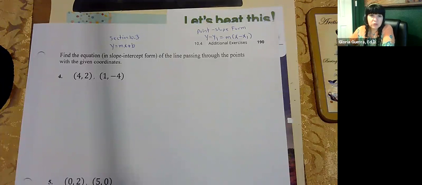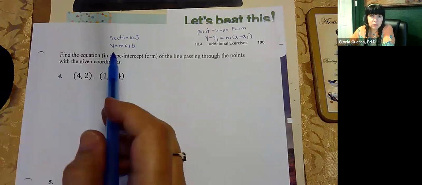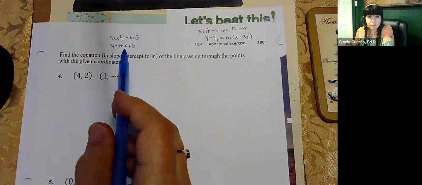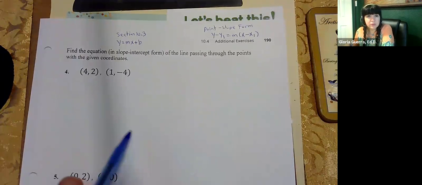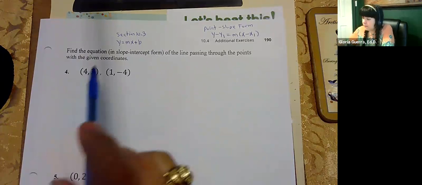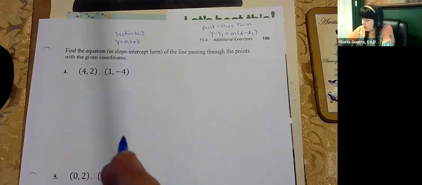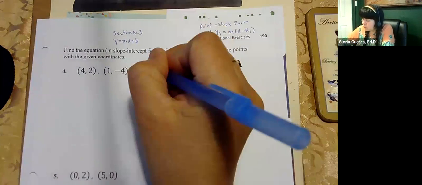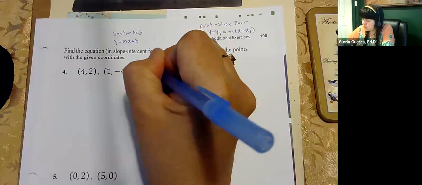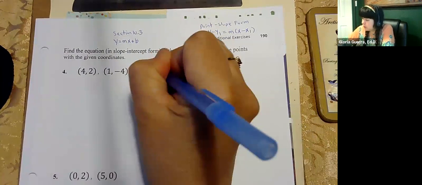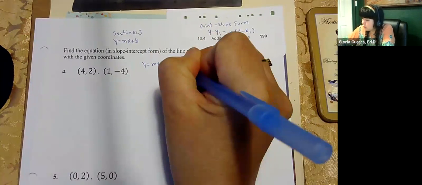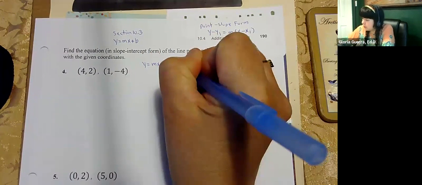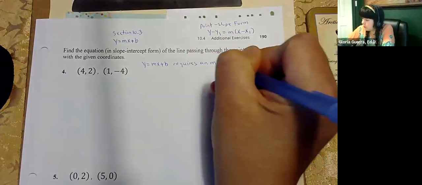They want it in slope-intercept form like this, y equals mx plus b, and of the line passing through these 2 points. So you need an m and you need a b. y equals mx plus b requires an m and a b.